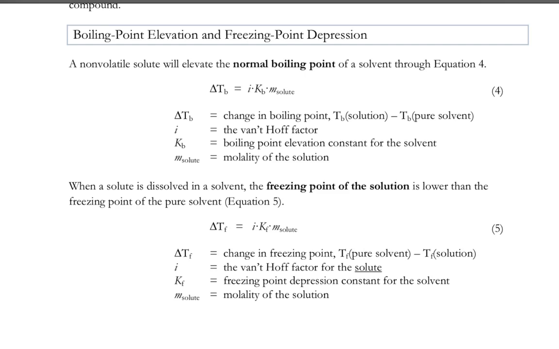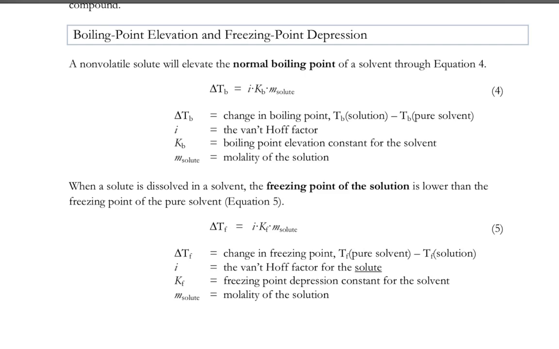It's the T sub B of the solution, so the boiling point of the solution minus the boiling point of the pure solvent. So the solution boiling point is a little greater than that of the pure solvent by the addition of that solute. i is the Van't Hoff factor. K sub B is the boiling point elevation constant, which depends upon the solvent. m solute is the molality of the solution.